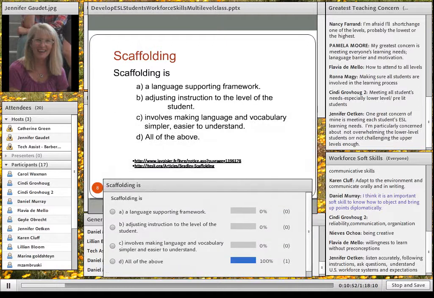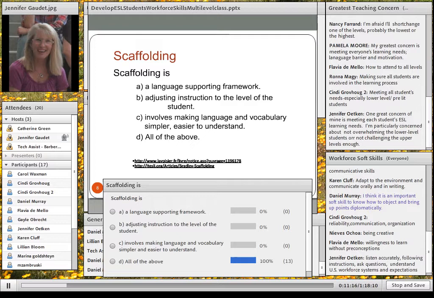Okay. You'll see on this slide as well some references if you want more information about scaffolding. Wow, I guess we're unanimous on that one.